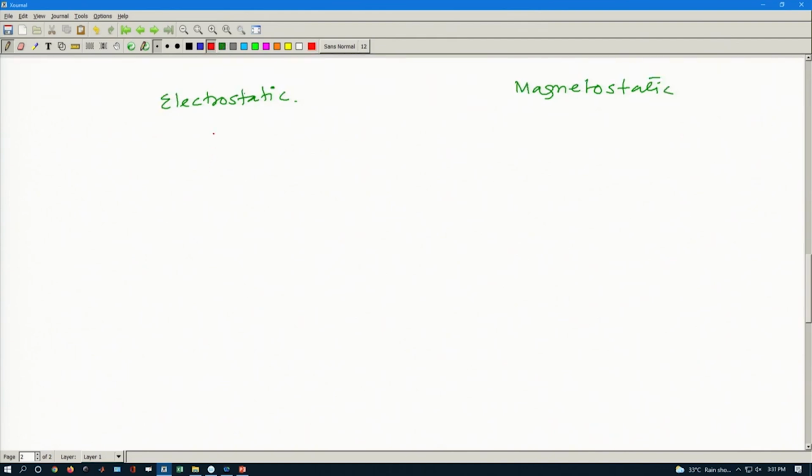The electric field suppose is in this direction for electrostatic, and we have a dipole sitting here with minus q to plus q, and the torque that was generated is along this direction.